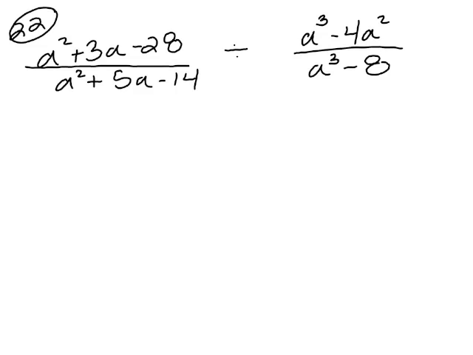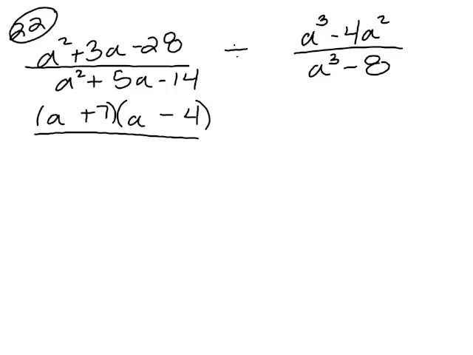Alright, so remember, dividing, you need to flip over that second term, use the reciprocal and multiply. So let's start simplifying here. A times a squared, then factors of 28 that are going to get me a 3. Very good, 7 and 4. Which one is positive, which one's negative? Okay, my 3a is a positive, so my bigger number needs to be the positive.